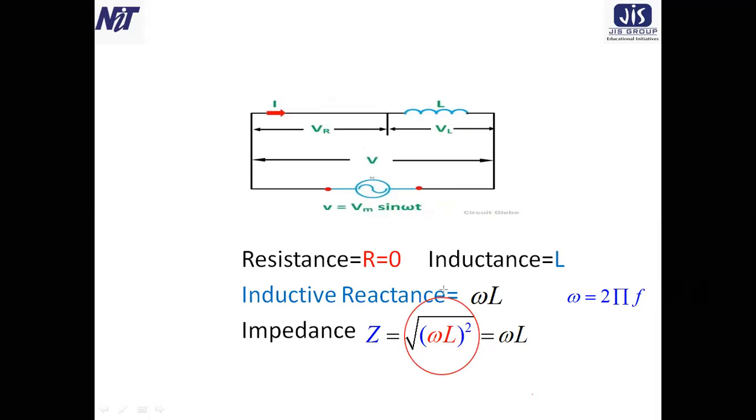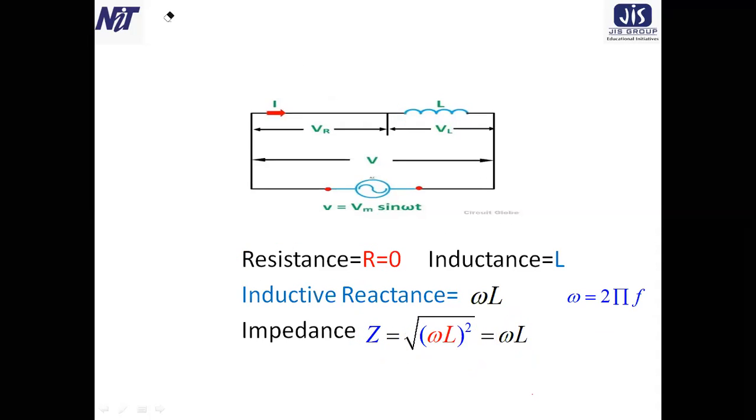That means the root and the square will vanish, so only omega L will be there. So if only an inductor is in the circuit and no resistor, the impedance will be omega L. For that case, the condition is that the resistance should be equal to 0.